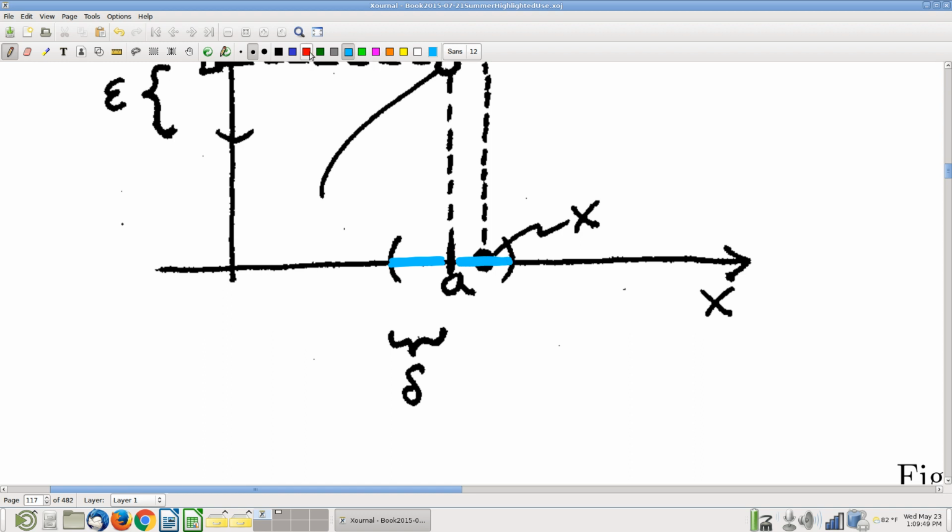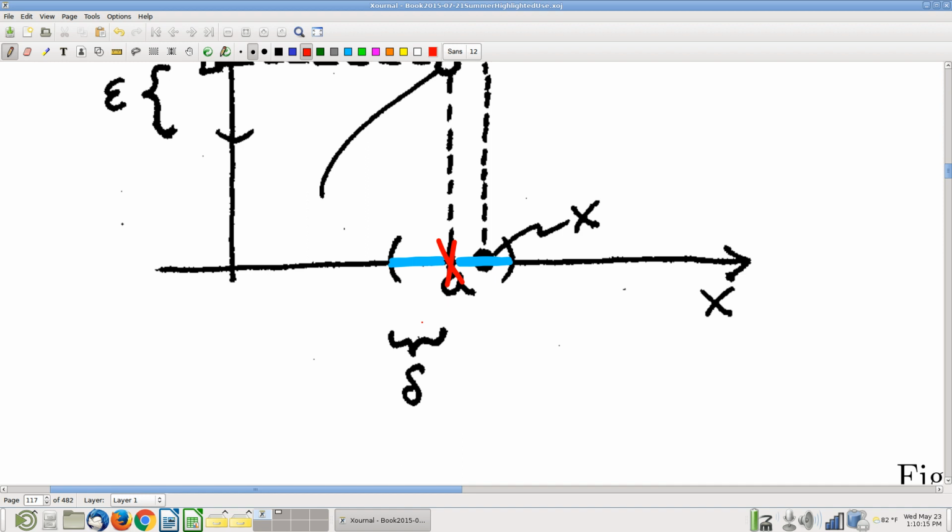So I'm not responsible for a itself. Right? I don't need f of a to be arbitrarily close to L. I just need f of these nearby values of x, not a itself, just the nearby values of x, to do what they're supposed to do. I don't need f of a to do what it's supposed to do.